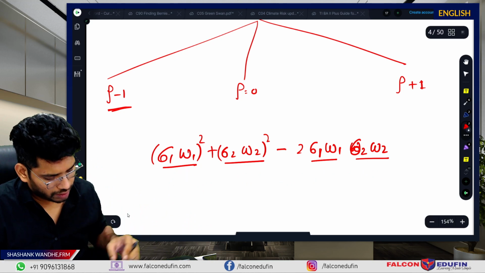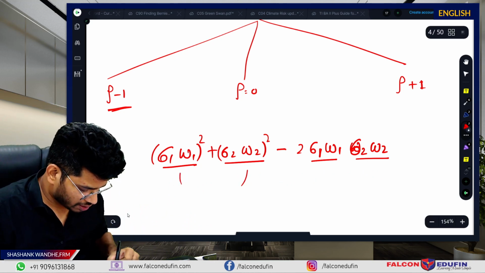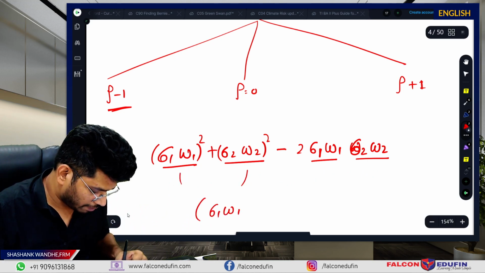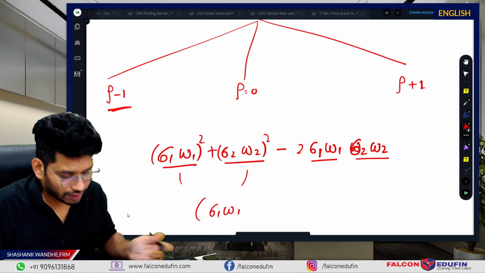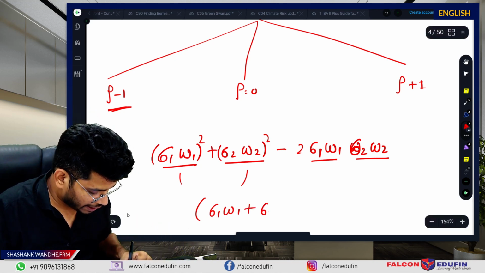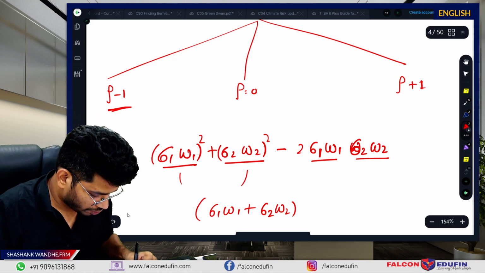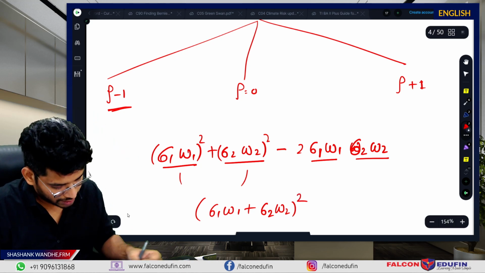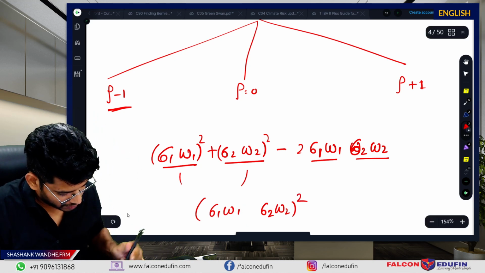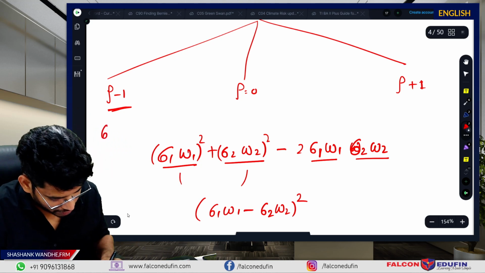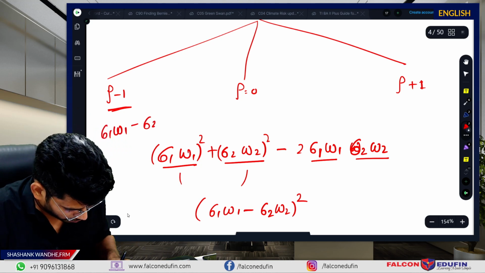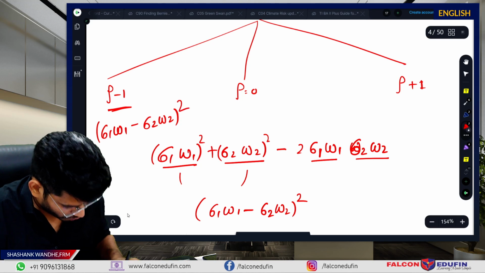So simple. By solving this, we will get sigma 1 W1 plus sigma 2 W2 square. So that's the answer here. This will be minus, okay? So minus sigma 1 W1 minus sigma 2 W2 square.